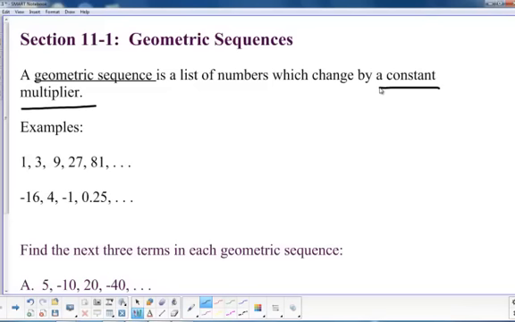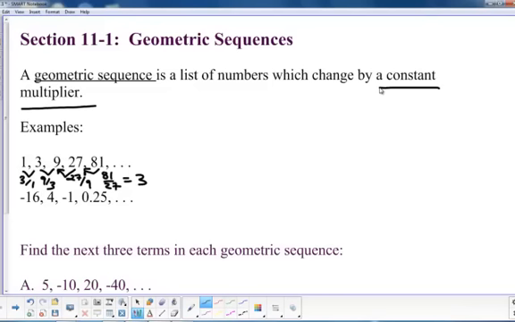I can also do the third new pattern, which is 81 divided by 27, and that gives us 3. 27 divided by 9, that gives us 3. 9 divided by 3 gives us 3, and 3 divided by 1 gives us 3.